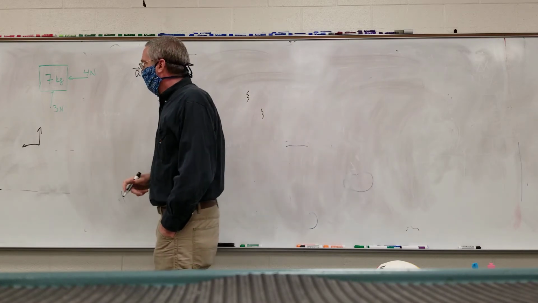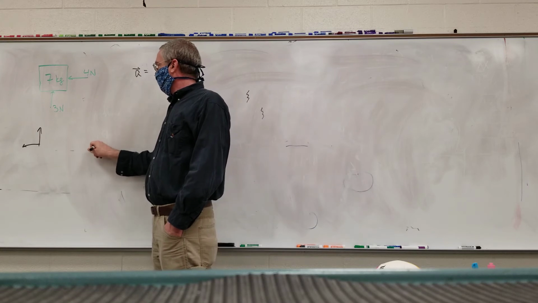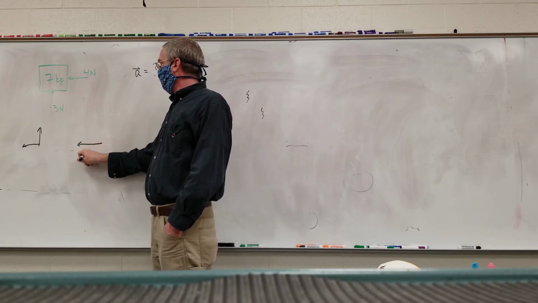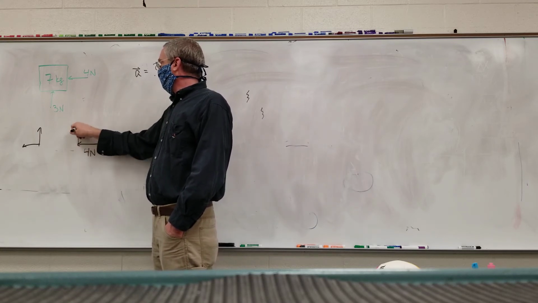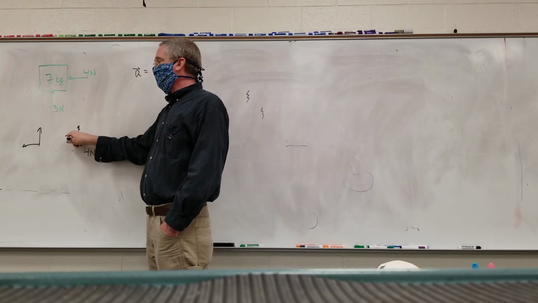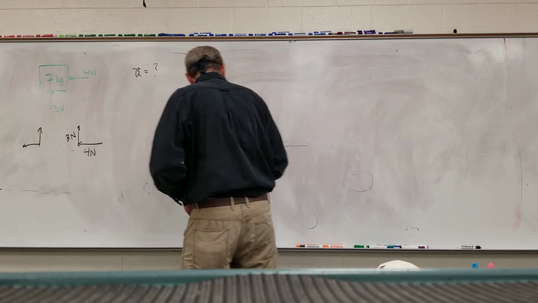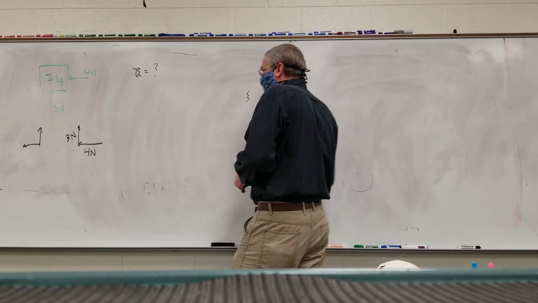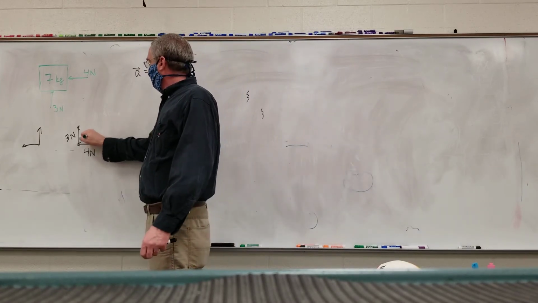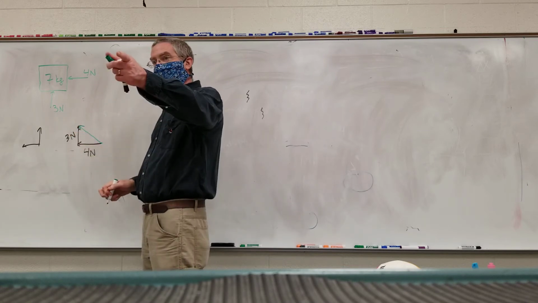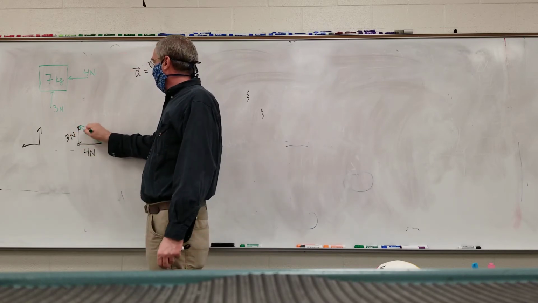All right. So I'm going to the left 4 newtons. I go up 3 newtons. That whole head to tail thing, like that lab you do in 2 days. The force will be 5. So that would be 5 newtons.